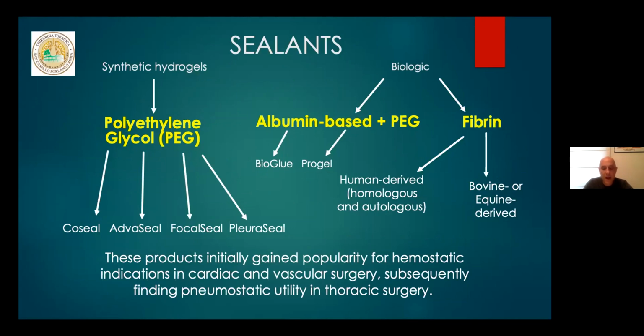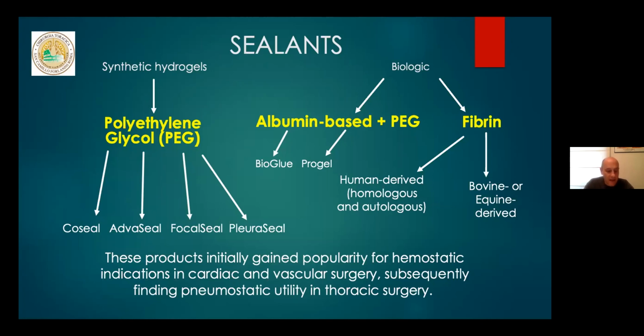Prolonged alveolar air leak, as Professor Cardillo said, is the most common complication following pulmonary resection. We also know the economic impact related to it, and high volume thoracic surgical institutions report a PAL incidence of at least 15% annually.